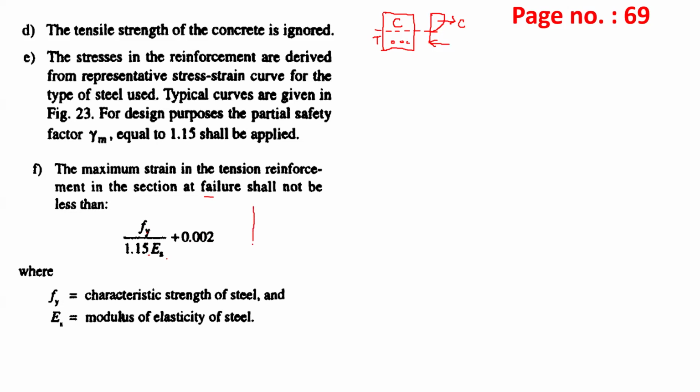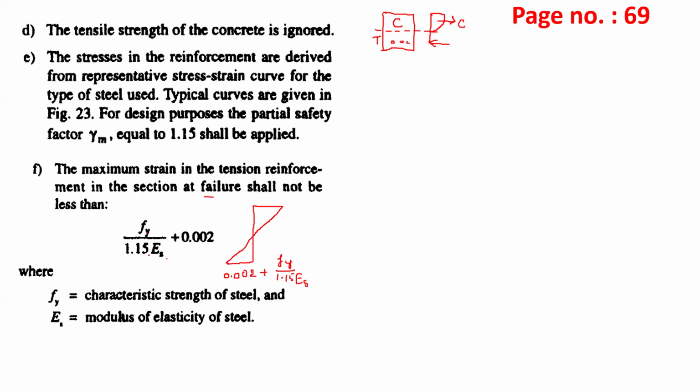If I draw the strain diagram, we have it in this fashion. At the level of steel, the strain is 0.002 plus fy upon 1.15 Es. This is our strain diagram.